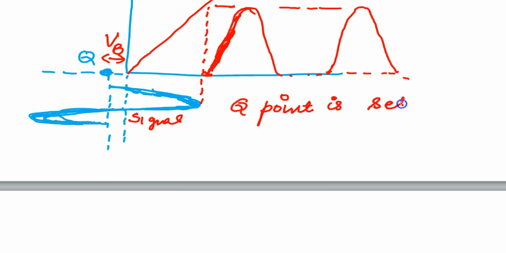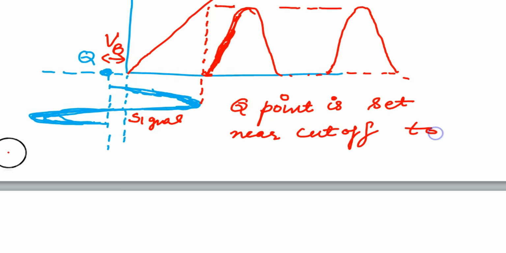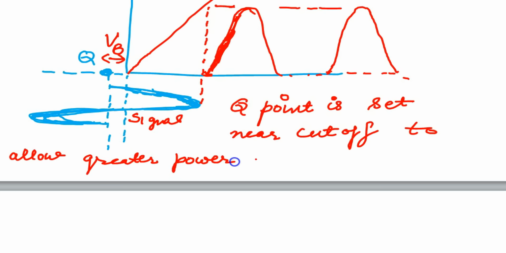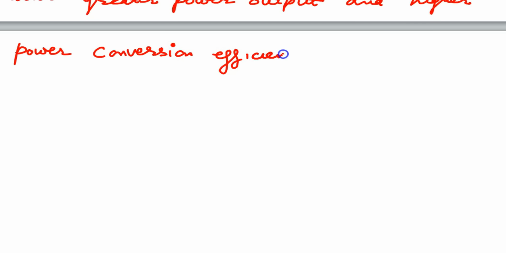The Q point is set here near the cutoff to allow greater power output. So now what happens for this operation? Most of the linear region of the dynamic curve becomes available for the conversion.